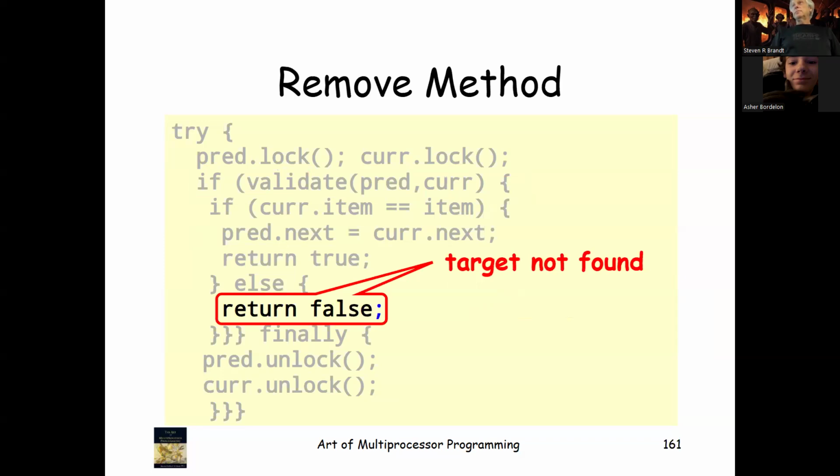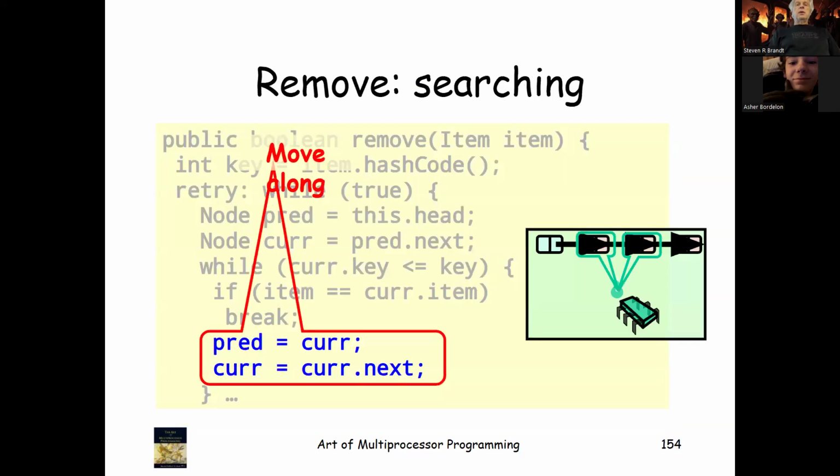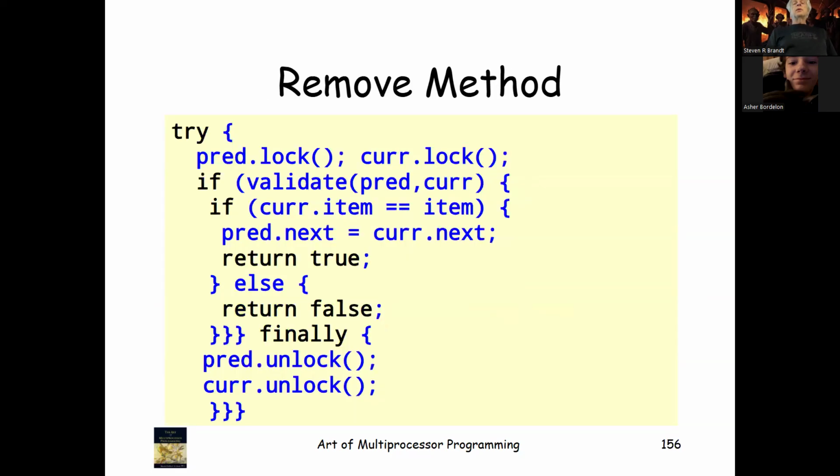What happens if it doesn't validate? What we're going to do is retry. We're going to go back to that retry and start again. So we want validate to work, right?